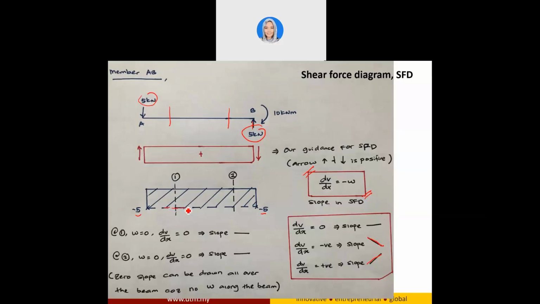Similarly at point 2 there is also no W, so dV over dx is equal to 0, so your slope also is a straight line. Since there is no load between A and B, you can conclude that the slope is going to be a straight line because dV over dx is equal to 0. So this is why we connect these 2 points as a straight line together.